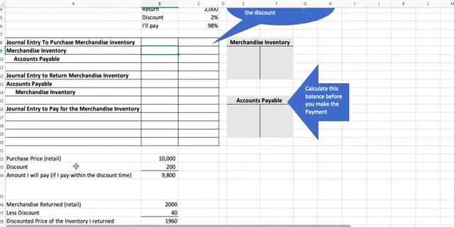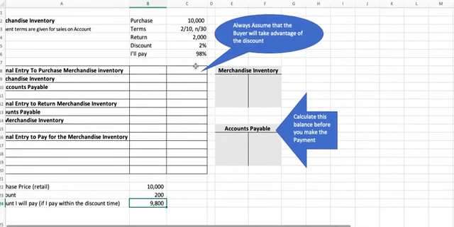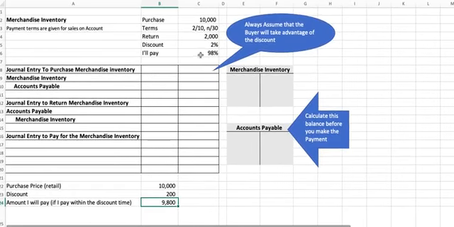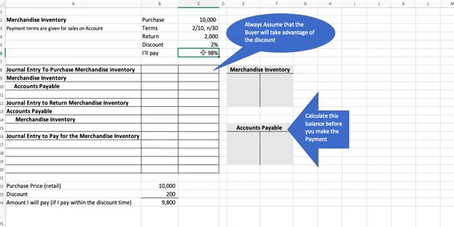You can calculate the 2% discount, which is $200, subtract that out, and the amount you're going to pay is $9,800. Another way you can do that is you know that you'll actually pay the difference between 100% and 2%, which is 98%. So you can actually key in your calculator $10,000 times 0.98, and that's going to give you $9,800.